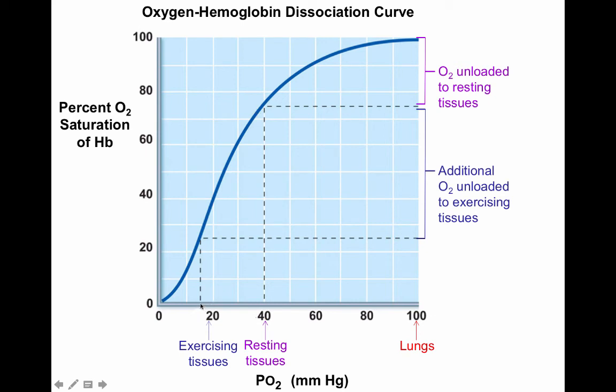We can see that at a relatively low pressure, about 20 millimeters of mercury, we would be at about 40% saturation of oxygen on hemoglobin. But when we go to 40 millimeters of mercury partial pressure of oxygen, we're at almost 75% oxygen saturation. So this curve is showing that the more pressure we have available, the partial pressure of oxygen, the greater saturation of hemoglobin we'll have.